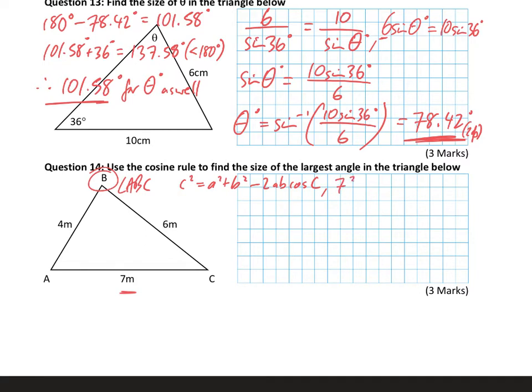Calculator down. 7 squared is equal to A, it doesn't matter what you make A, 4 squared, and B, 6 squared, as long as you're consistent, of course. Take 2AB, 4, 6, cos, we'll just call it B for now, it's easier, less to write.